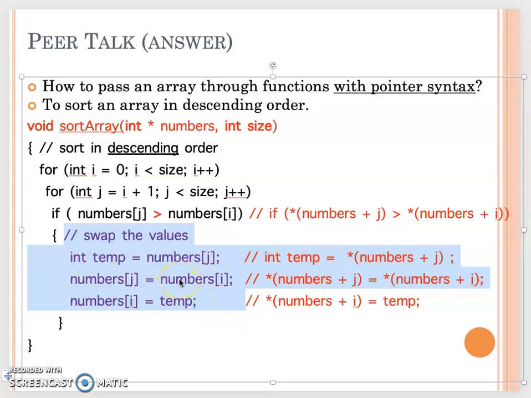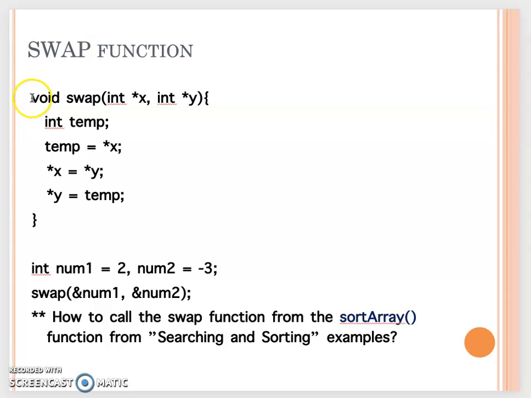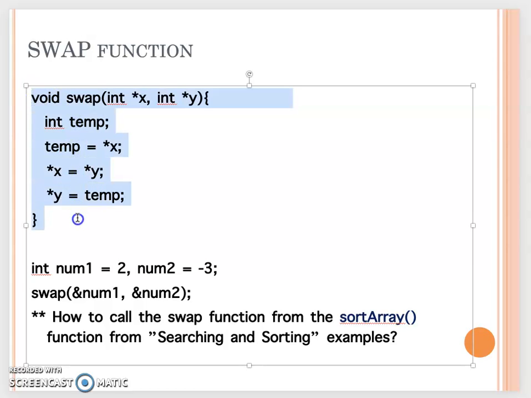So can we just write a swap function? You give me two values, then I just swap their values. Before, maybe you wrote the swap function with references, but we can also write the swap function passing by pointer.